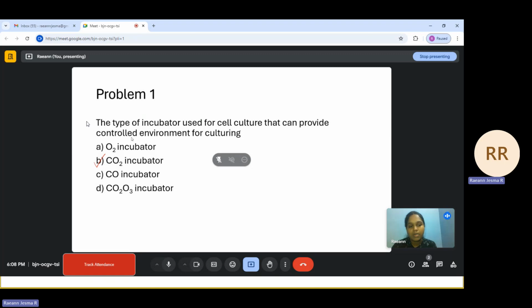So these are some of the conditions that have to be maintained to have the same conditions as that of the human body. For that reason, we use this CO2 incubator.